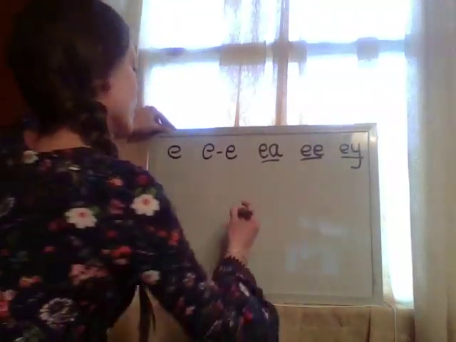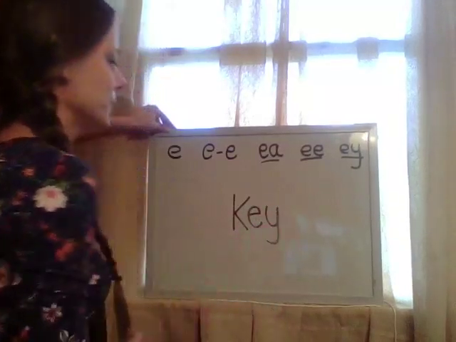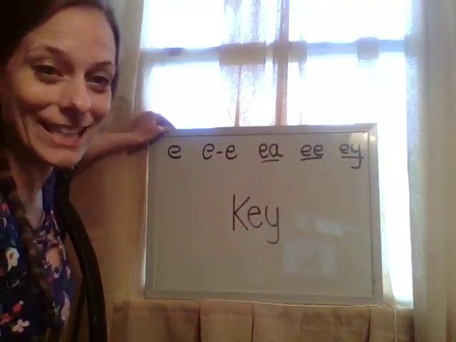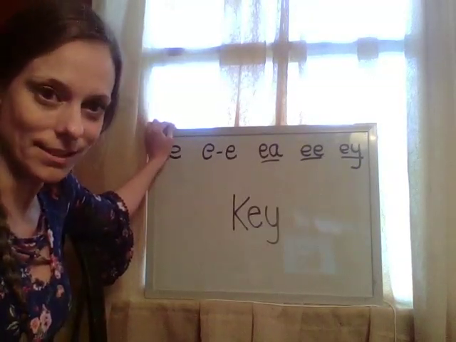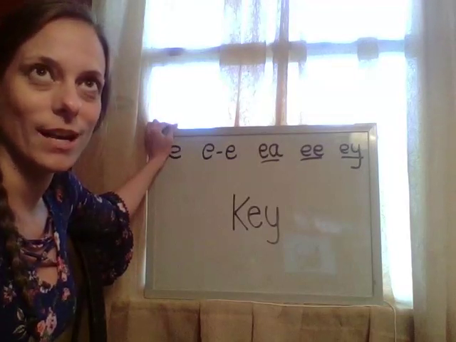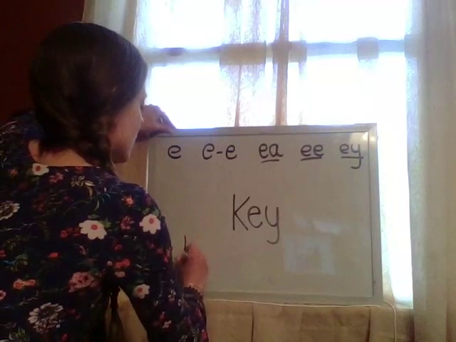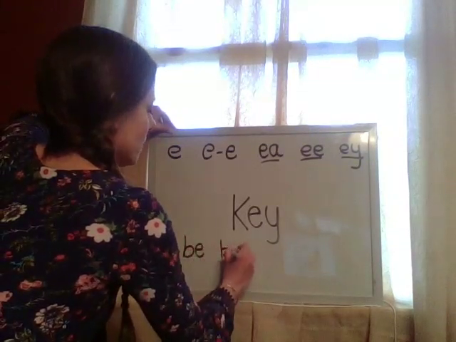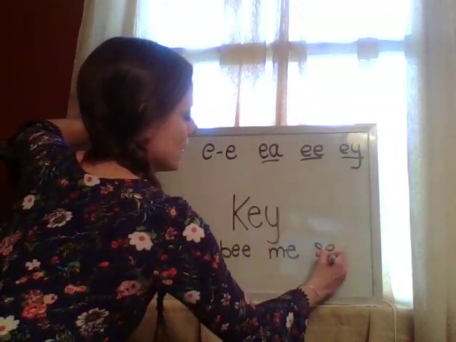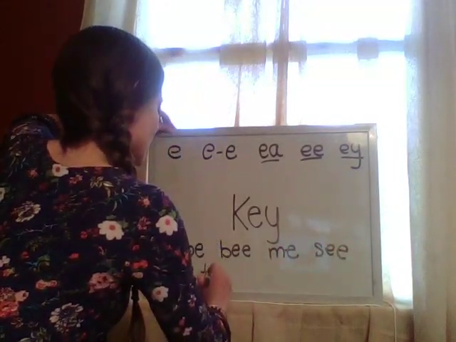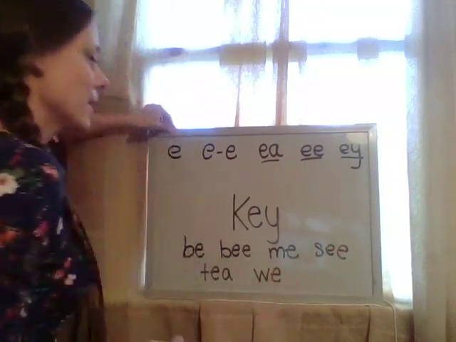All right, and let's try our EY. So our base or our keyword was key. So there's actually not a whole lot of words that have EY at the end. If you think about it, you can try and come up with tons of rhyming words, and maybe you would come up with a word like bee, or me, or see, or tea, or we, right?